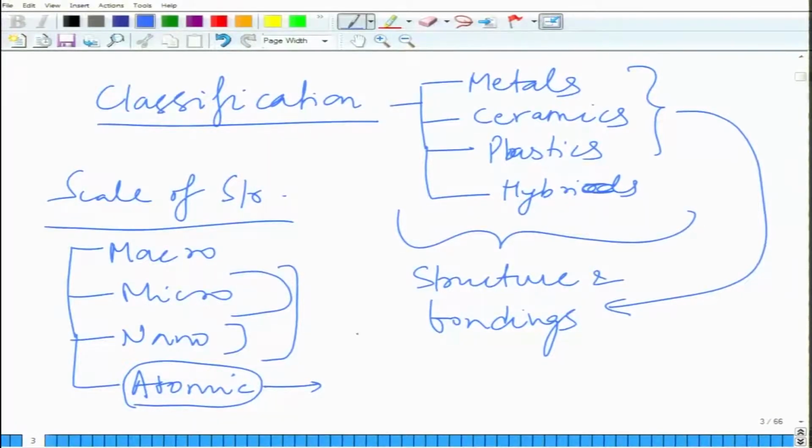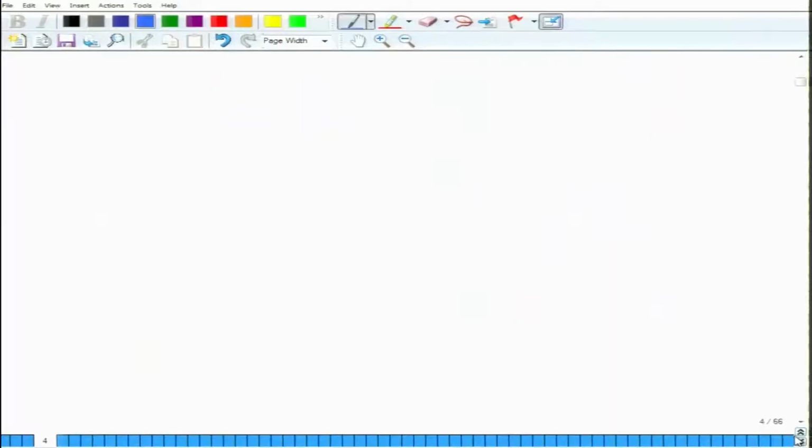We were looking at it last time and we defined a term called bond energy.